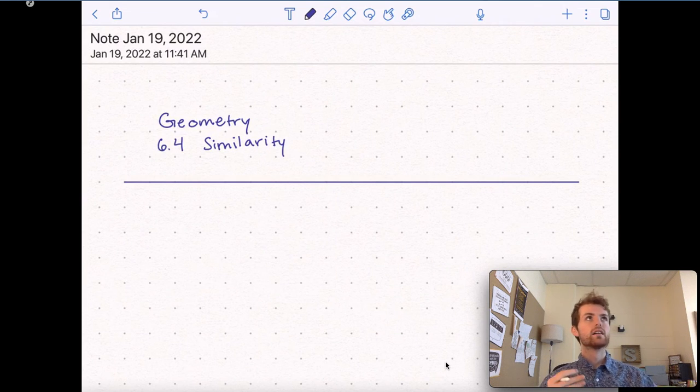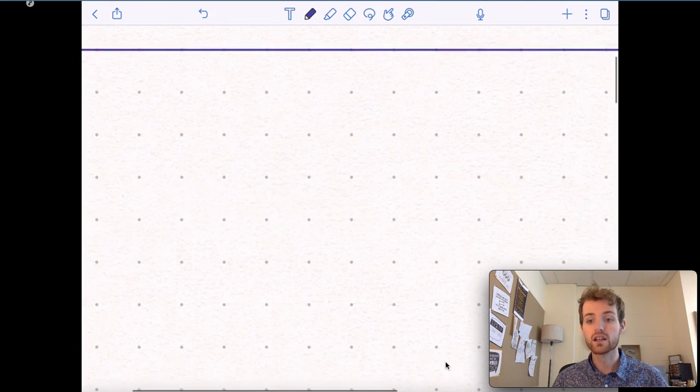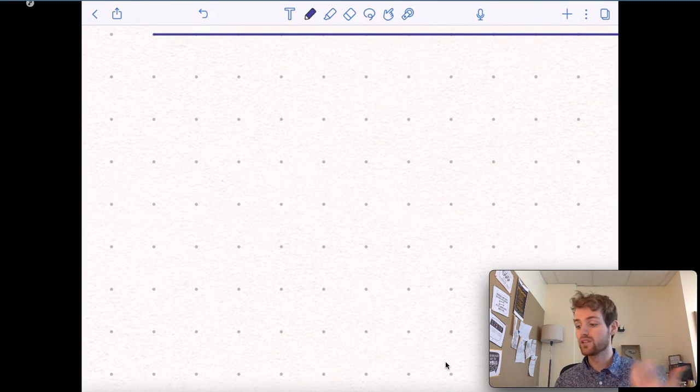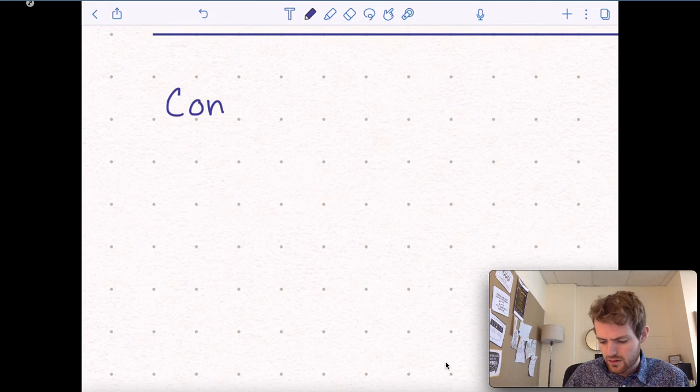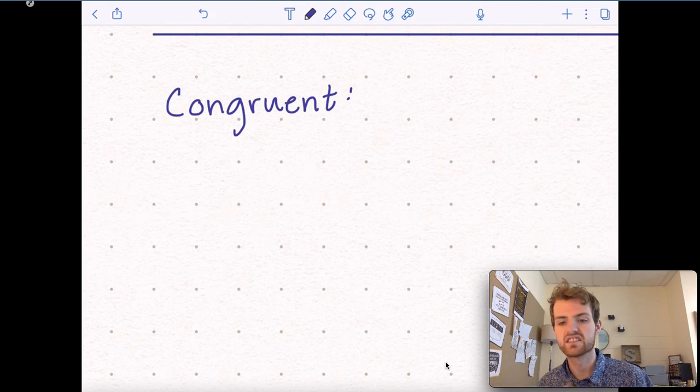In order to better understand similarity, what I want to do first is touch back on congruence, which we've learned a ton about in our previous units. When we think of congruent, most students will say it's the exact same.